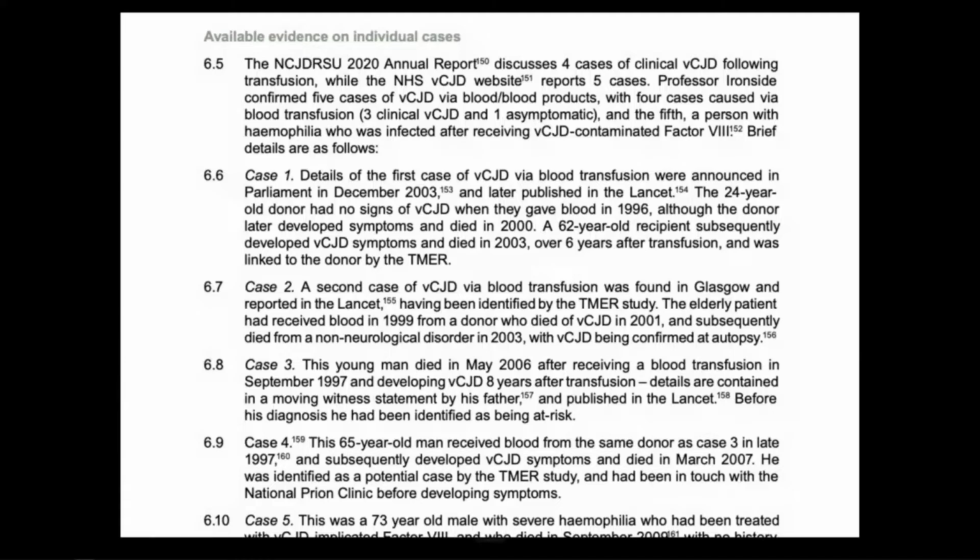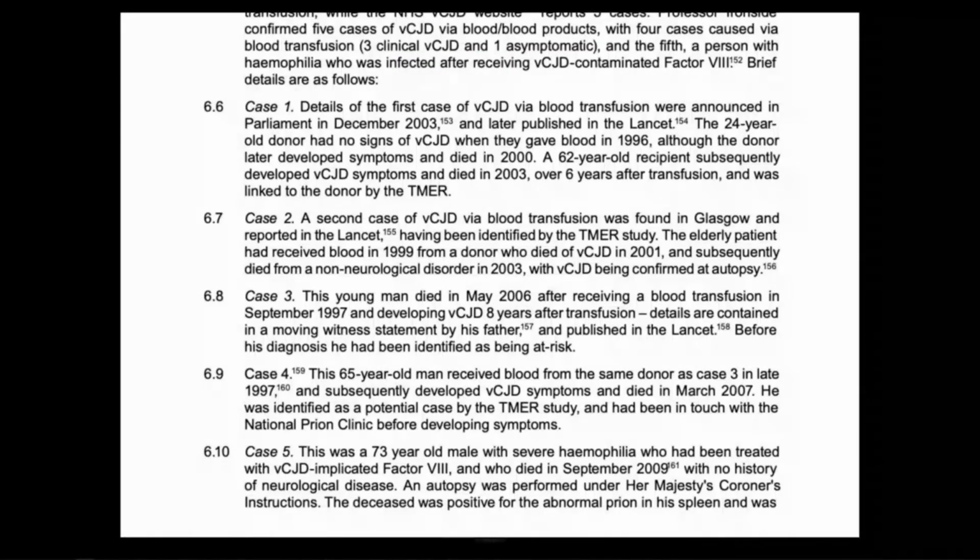That was confirmed at autopsy, so without VCJD symptoms having developed in lifetime, as I understand it. Case 3 is the case the inquiry is very familiar with, having heard the very moving evidence from Mr. Buckland Senior, the young man who developed VCJD 8 years after transfusion and died.